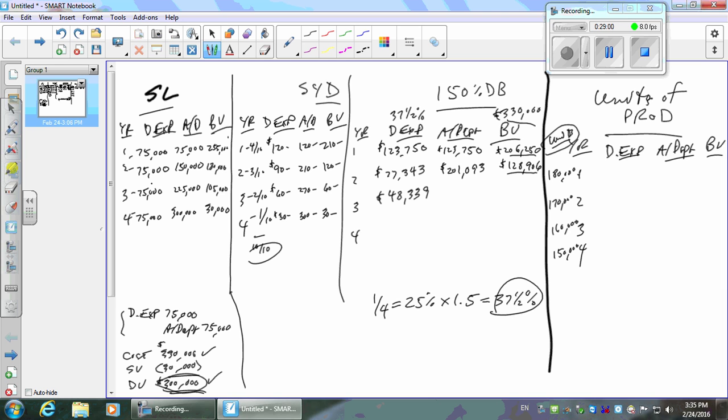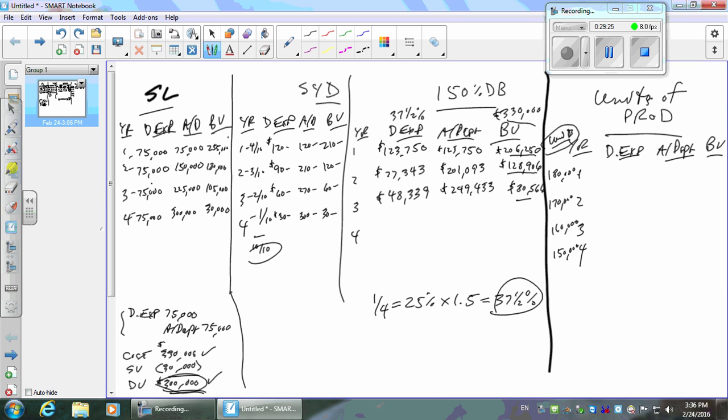Now what do you have in accumulated depreciation? 201,093 plus 48,339, that's 249,433. Excellent. Take that away from 330. What do you have left? 80,566.